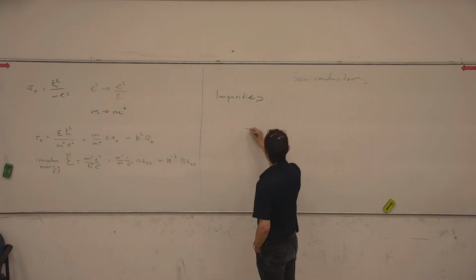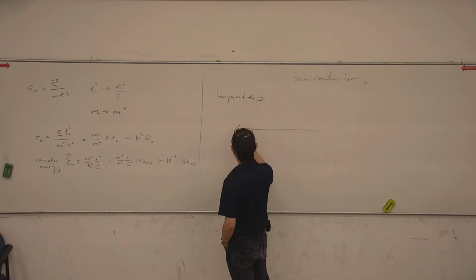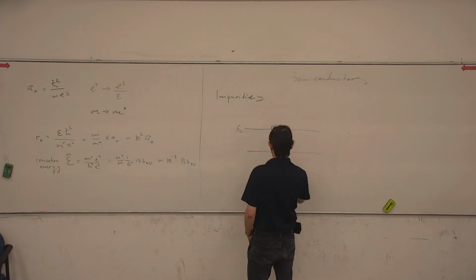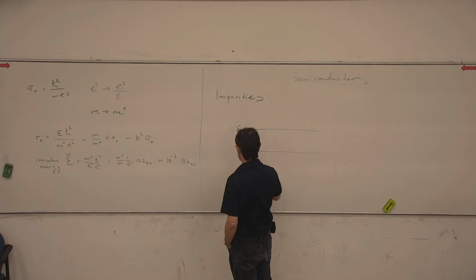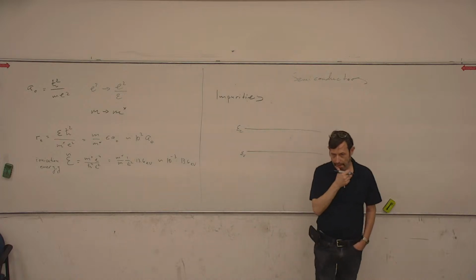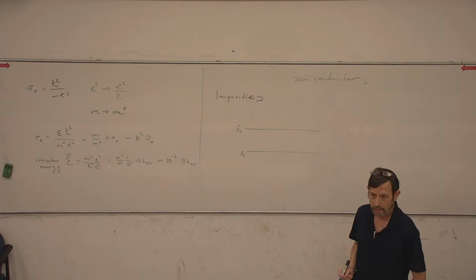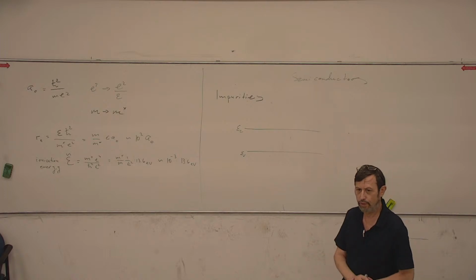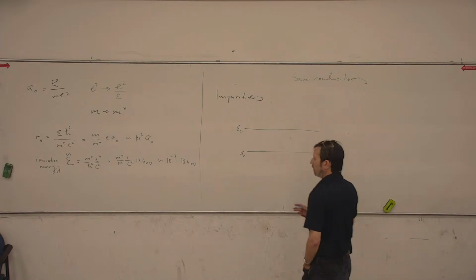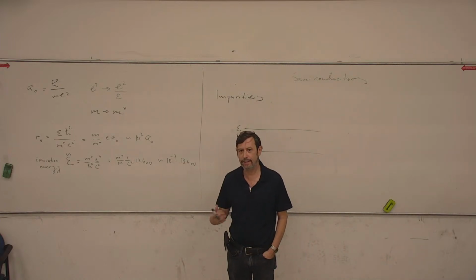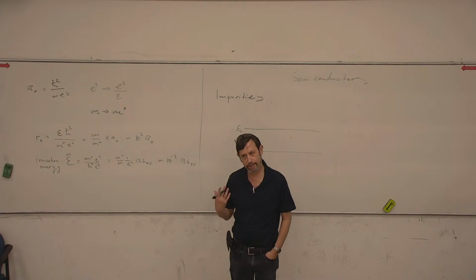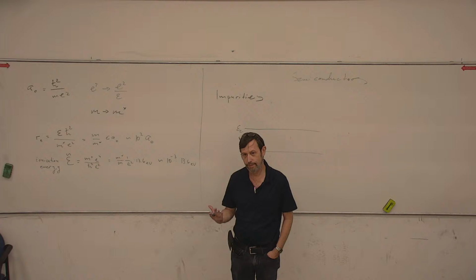So what does it mean? I have here EC, EV. Okay, I put in an impurity. This impurity has an additional electron. I'll call it a donor for obvious reasons.